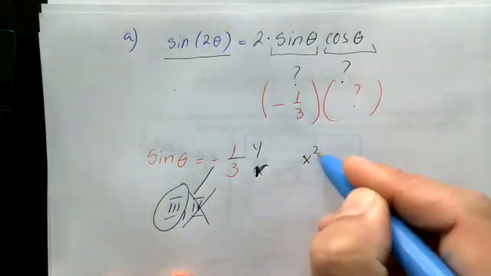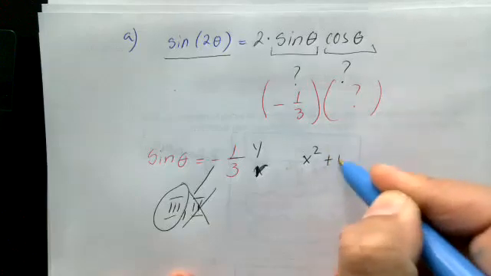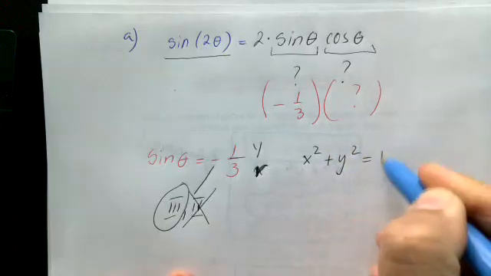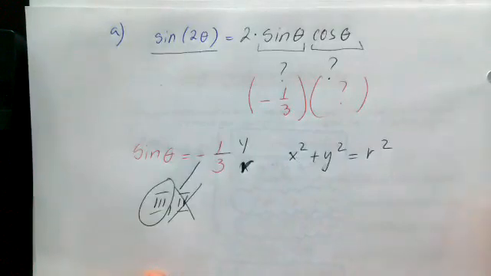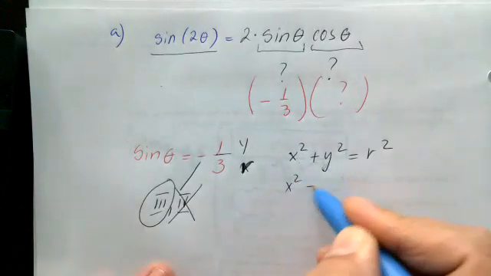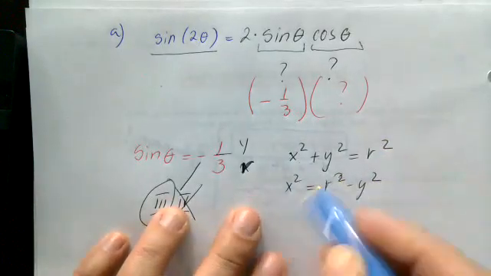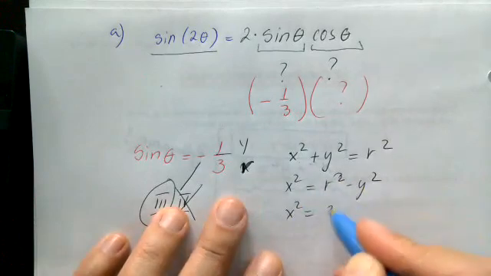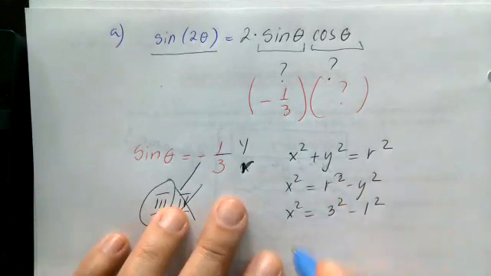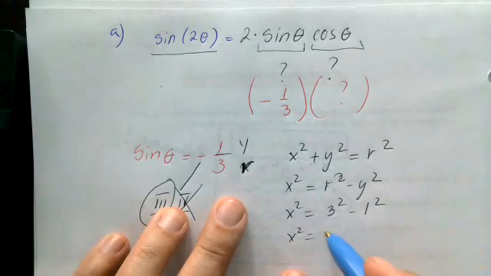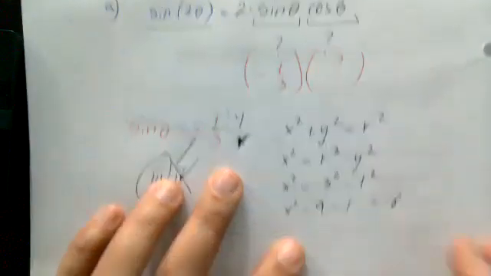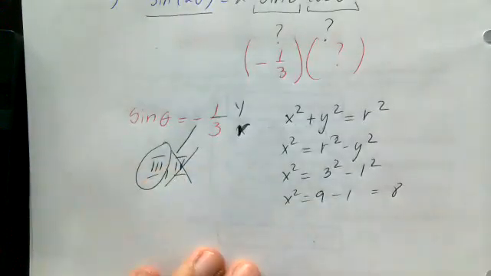That means I have to find x squared using the circle formula. So now x squared equals r squared minus the other one squared. X squared equals 3 squared minus 1 squared. X squared is 9 minus 1, which is 8.